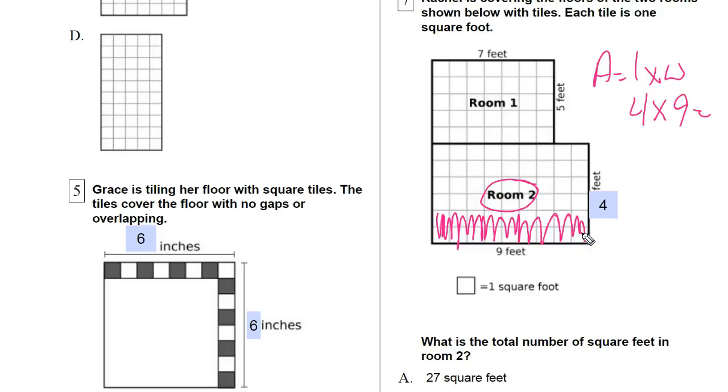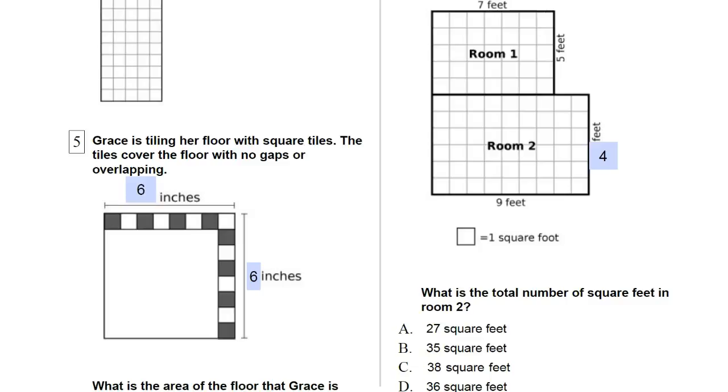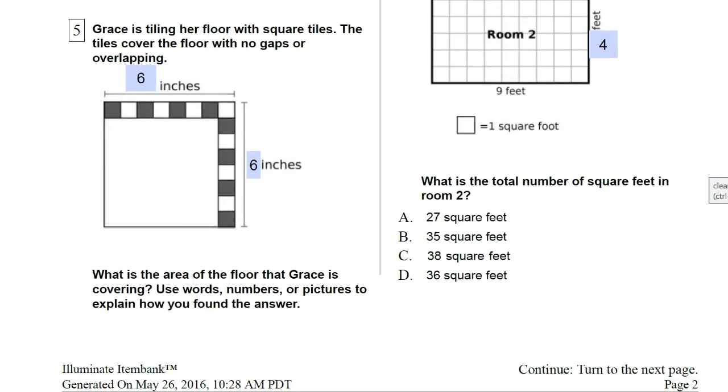So they erased that part. So now it's actually this right here. This is what you have right here. So 9 times 4 is 36. You're right. So if you look down at the part right here, your answer is going to be D.